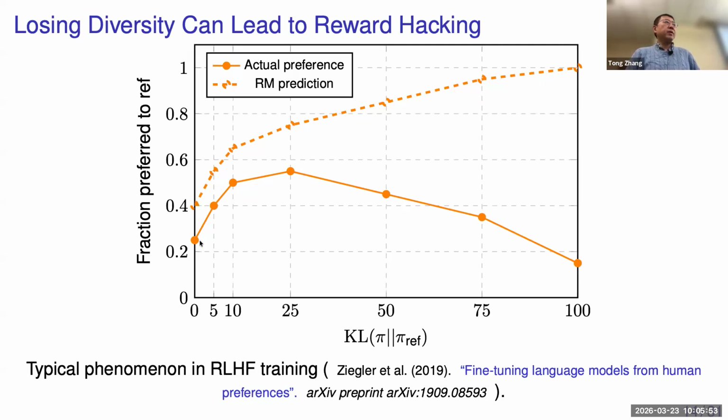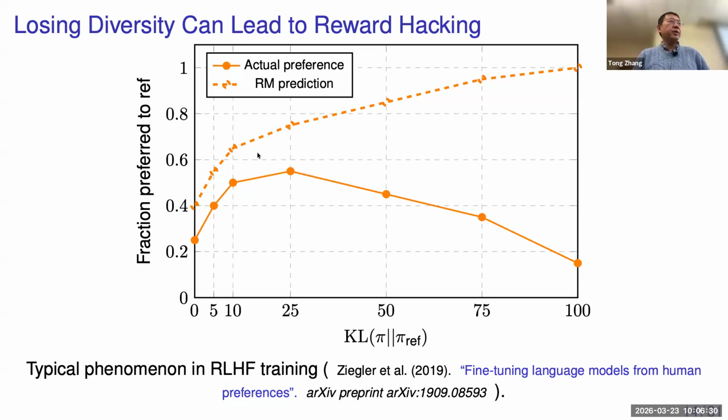On the test data, when your KL is too large, it starts to go up and then goes down. So this is a nice regularization from that point of view. It helps prevent reward hacking. In this graph, you probably want to stop at this stage instead of keeping going up on your training reward. Training reward will still keep going up, but the actual reward is going down. This is a typical phenomenon.